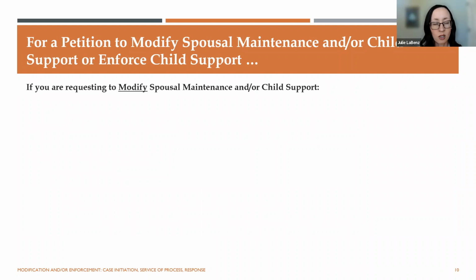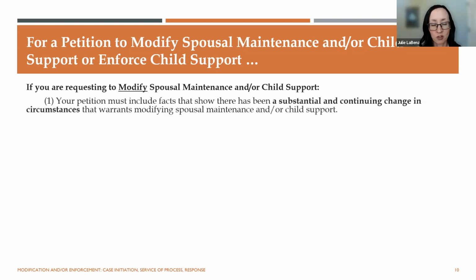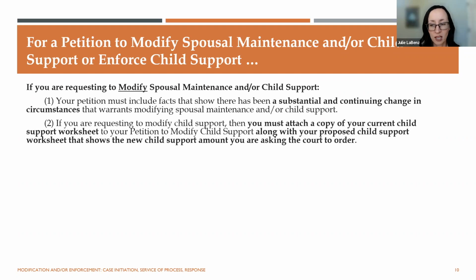Now, if you're dealing with a petition to modify spousal maintenance and or child support, or a petition to enforce child support, here's some additional information. So number one, if you're looking to modify spousal maintenance and or child support, there's this same standard. In order to modify, you have to show a substantial and continuing change in circumstances that warrants modifying spousal maintenance and or child support.